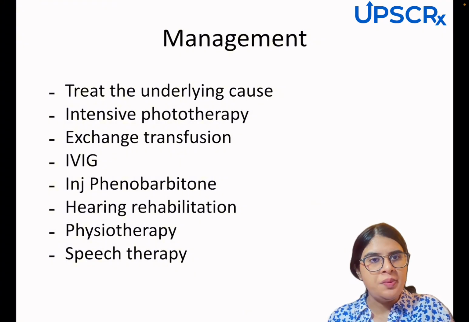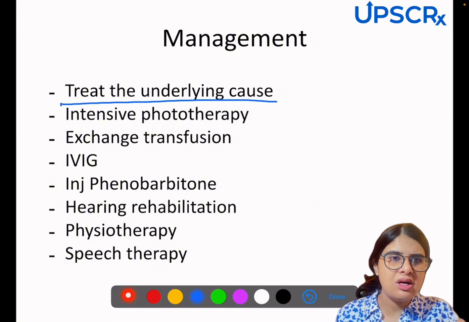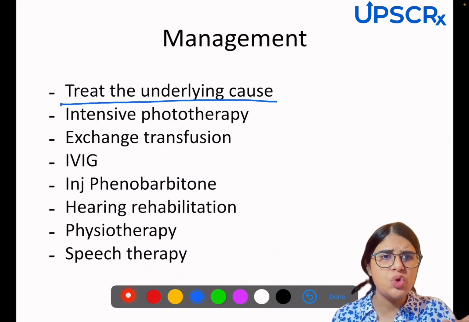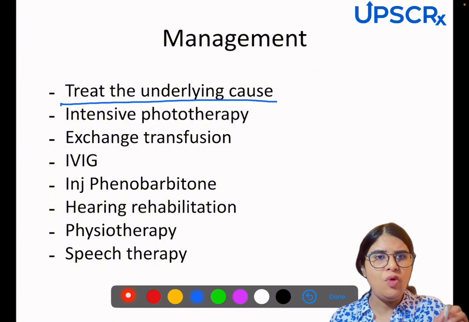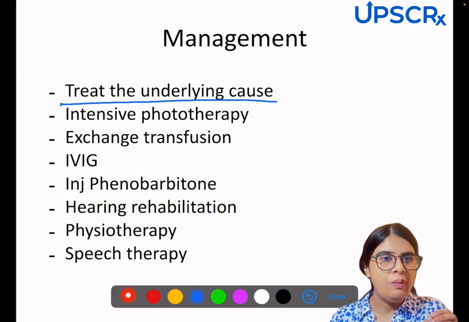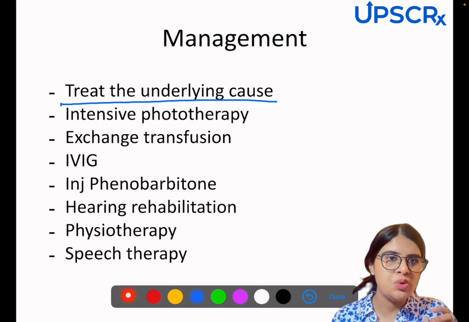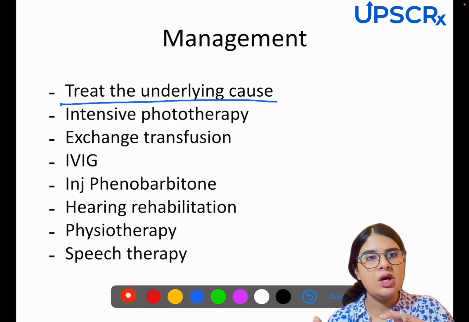Done. Management. So management of kernicterus, treat the underlying cause. Now, in many cases they have shown that the baby is having seizures. If the baby is having seizures, first of all, give an anti-epileptic. Okay, so in neonates, we use IV phenobarbital. So airway, breathing, circulation. Whenever you see a complicated case or an emergency case, you should always start with ABC, right?